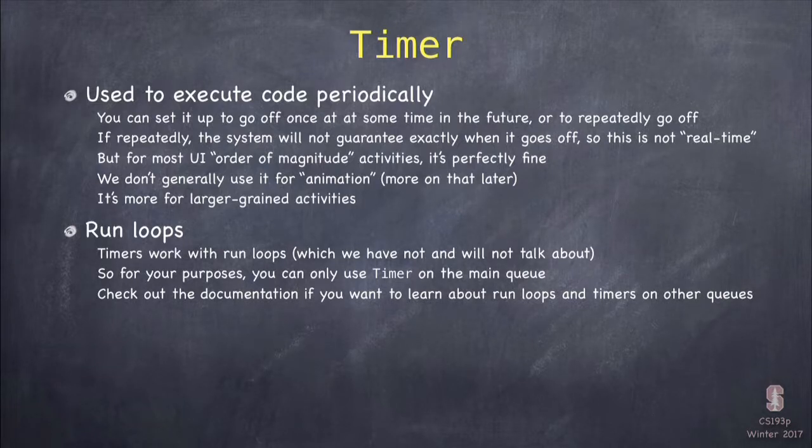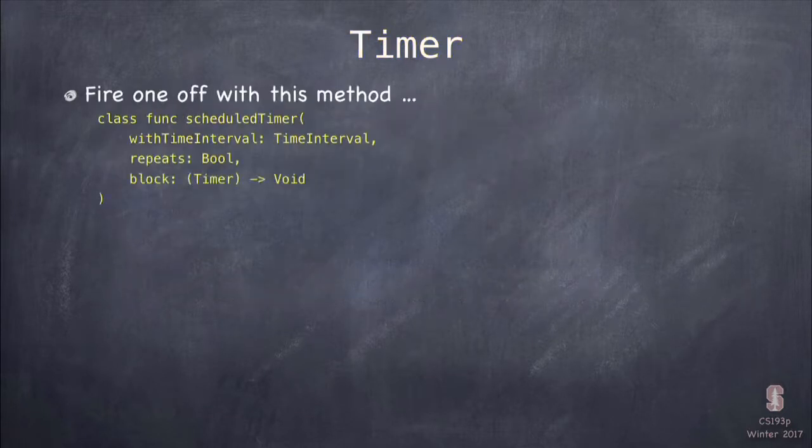And run loops aren't super complicated, but the reason I don't really talk about them is the run loop just kind of works on the main queue, and you don't really need to think about it. But if you ever find yourself saying, oh, I want to use a timer off the main queue, then you're going to have to teach yourself about run loops, okay? Because the timers are totally based on the run loops. But for your purposes in this course, as a starting iOS developer, you can assume that timers are a main queue thing, okay?